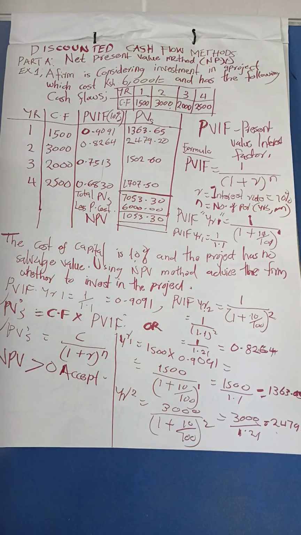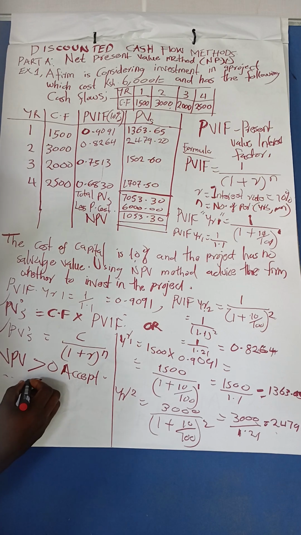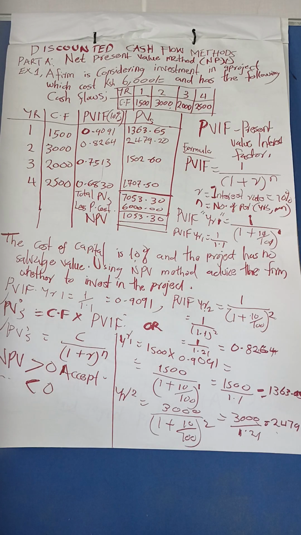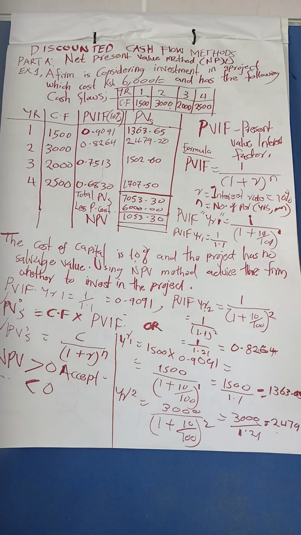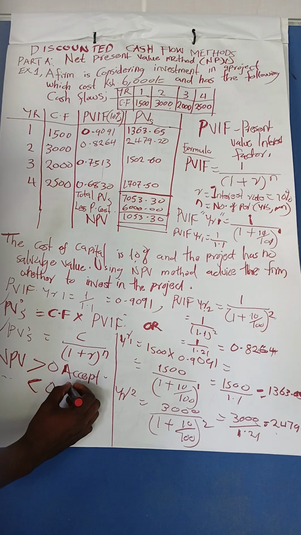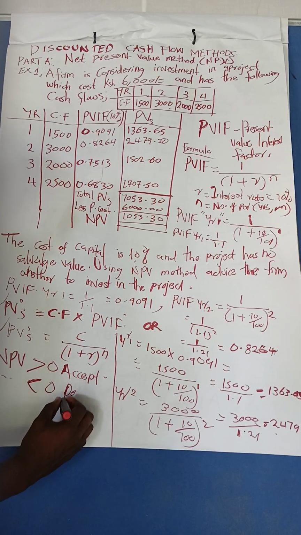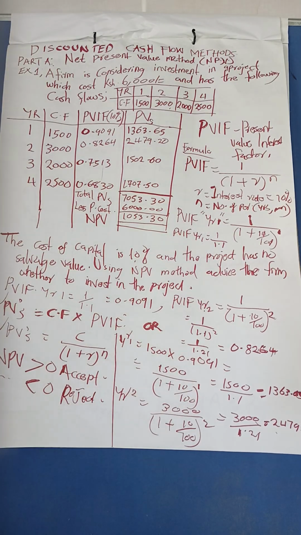But if the NPV is less than 0, that is, it is negative, that is -1 continuing, meaning that we are going to decline or reject the project.